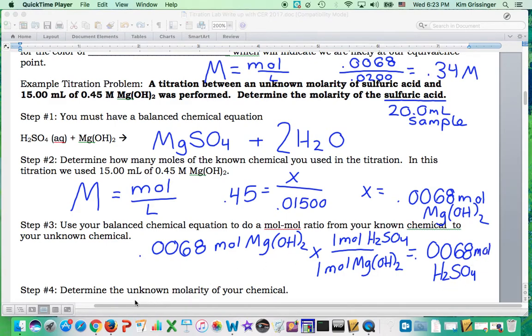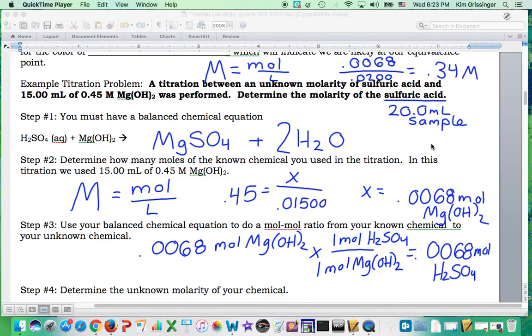The very last one, step 4, is to determine the unknown molarity of your chemical. I actually did it up here just to make it fit. I took my moles of acid, 0.0068, and divided by the volume of the acid sample. In this case, you will have that.